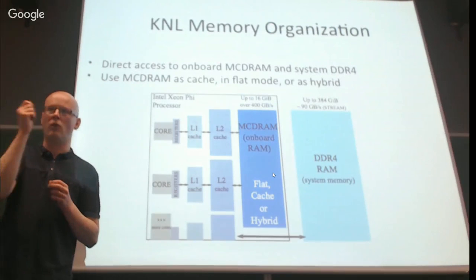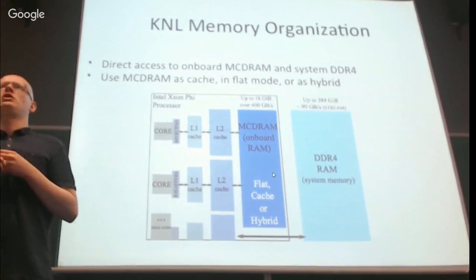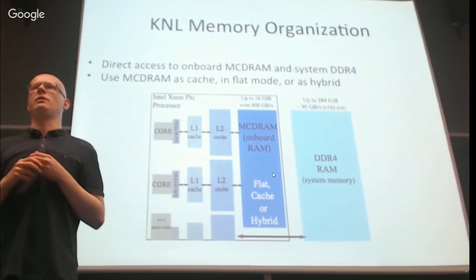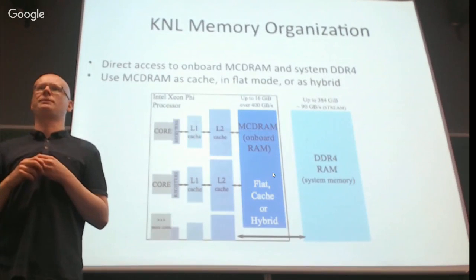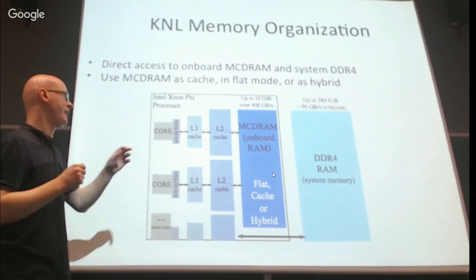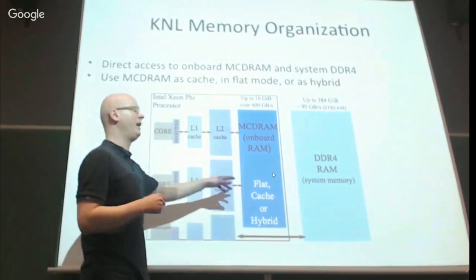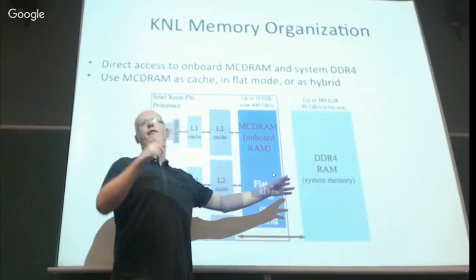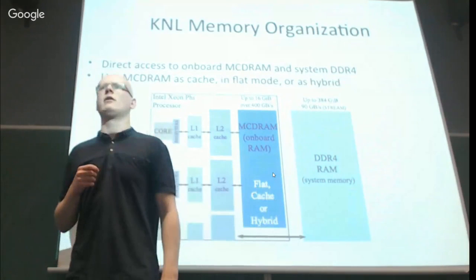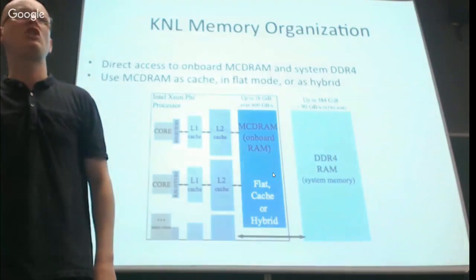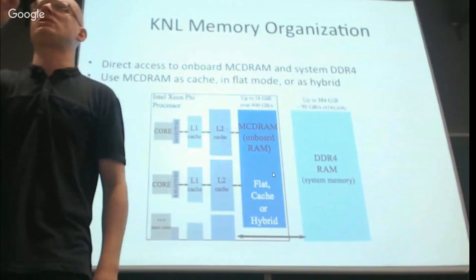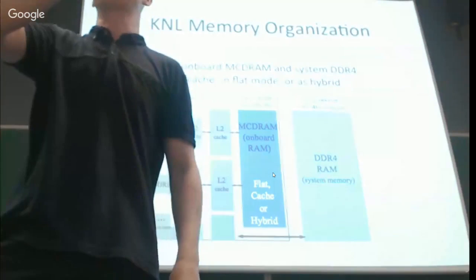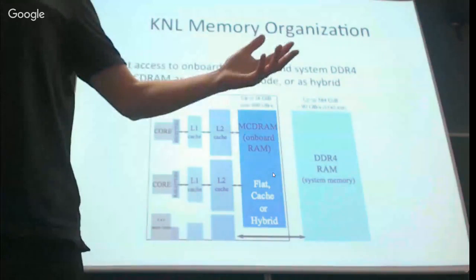So you can be more choosy about which objects go into MCDRAM and which ones don't. Because the point here is if your data objects spill over and don't fit in MCDRAM, then you're going to suffer performance hits from going out to DDR4. So there's real benefit in choosing which data objects and data structures fit into MCDRAM if your data set is very large.